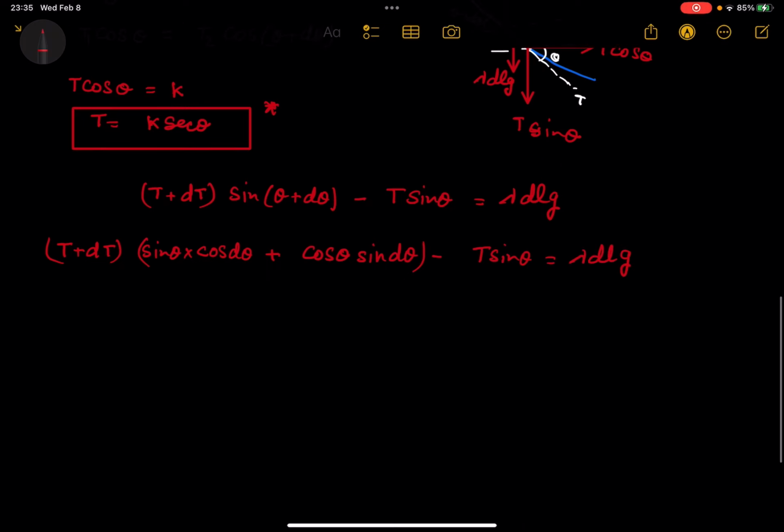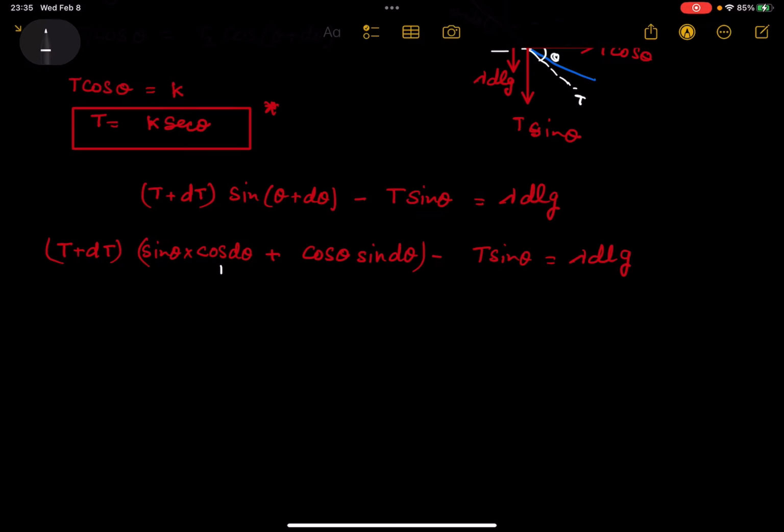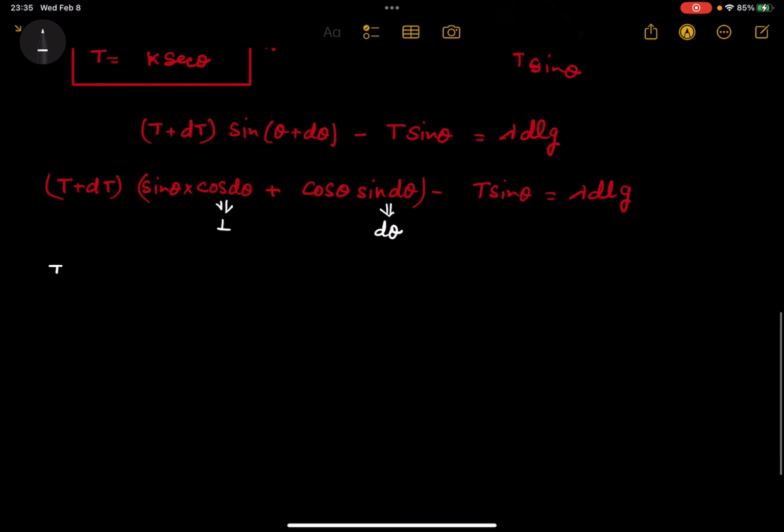Now please see, if d theta is very small, then cos d theta is equal to 1 and sin d theta is approximately d theta. So I can write (T plus dT)(sin theta plus cos theta d theta) minus T sin theta is equal to lambda dl g.